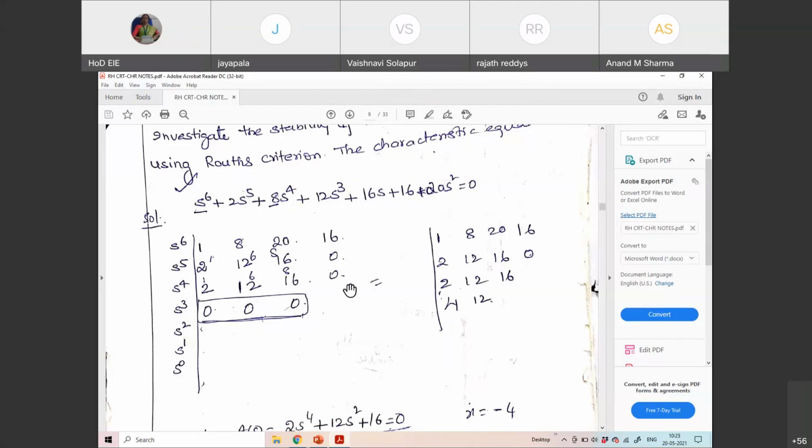Because it is equated to 0, it can also be written as s to the power of 4 plus 6s square plus 8. Now can you tell me what are the elements of s cube? I gave you the auxiliary equation as s to the power of 4 plus 6s square plus 8.